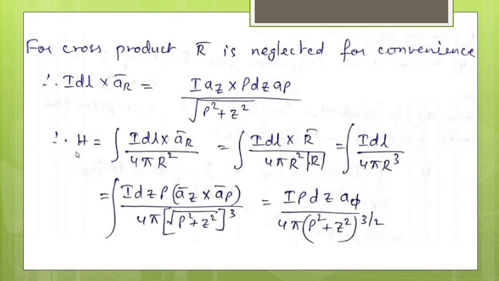To find H, we need to simply integrate this equation. So H is equal to the integral of I dl cross aR by 4 pi R square. This is the equation we got from the Biot-Savart law. In place of aR we need to write the vector R divided by magnitude of R, and 4 pi R square is the same. So you can cancel one R here, and we get I dl by 4 pi R cube.